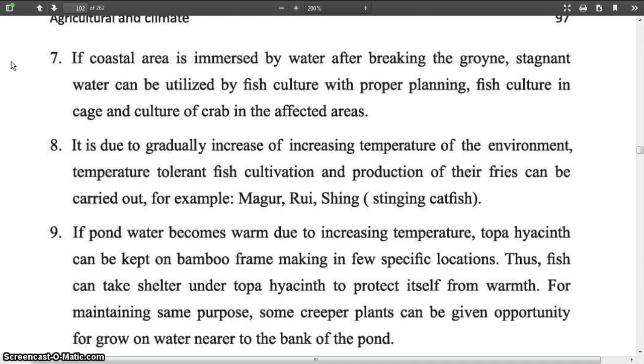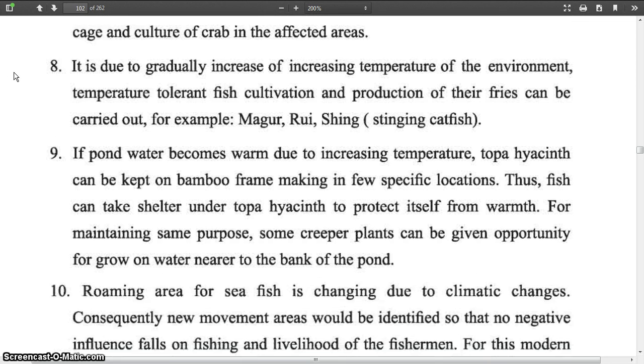These three varieties of fishes are very tolerant to temperature. They can tolerate high temperature. So where temperature is increasing gradually, there we should culture magur, rui and shing.